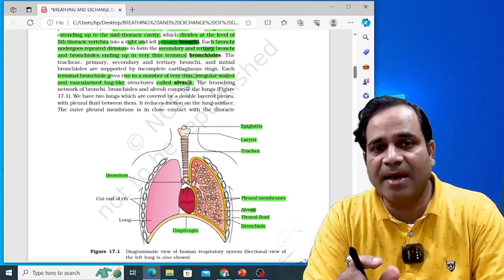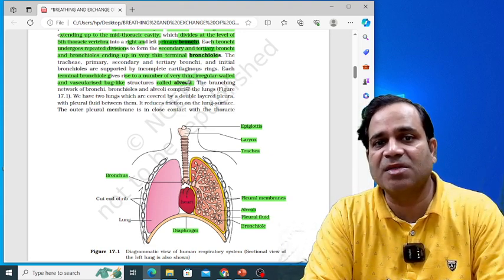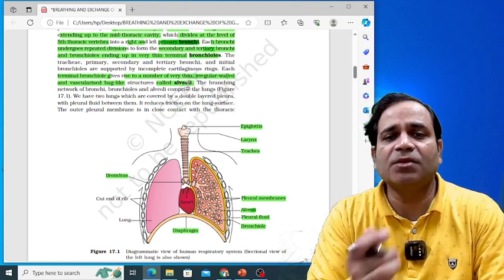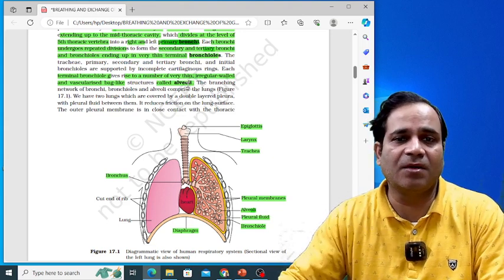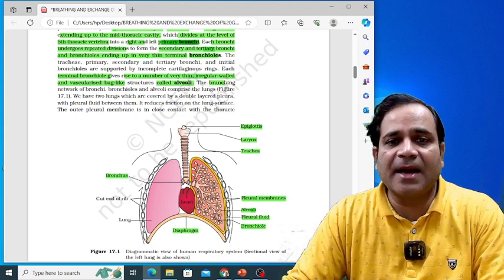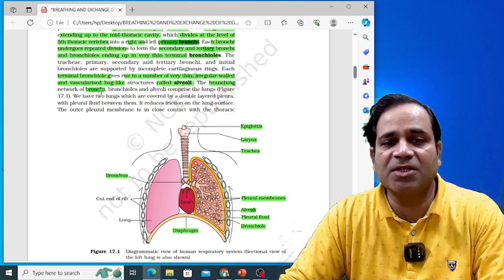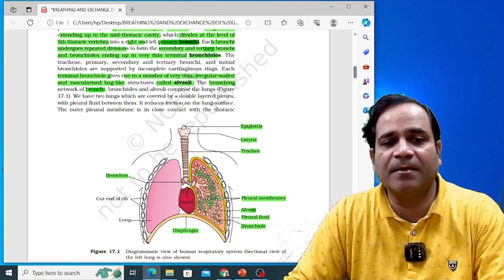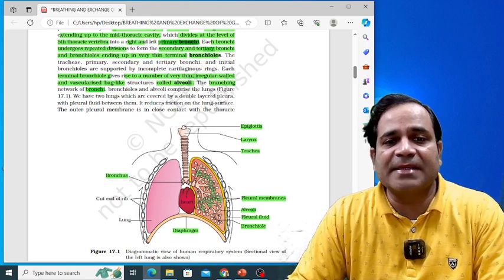It is just like a balloon, where all the air from the atmosphere goes within the body through the trachea, then the bronchi, and then the bronchioles. Okay, so now see here the branching network of bronchi in the diagram. The bronchi, bronchioles and alveoli comprise the lungs.